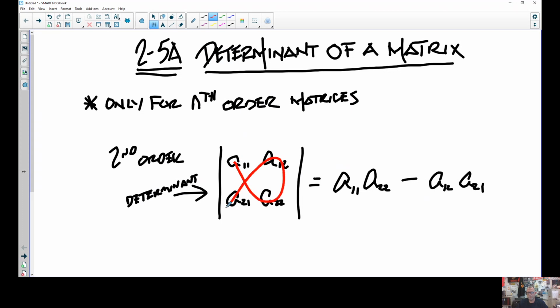We do the fish. It looks like a fish swimming to the right, not to the left. And you have A11 times A22 minus, and if you want to, you can even give the fish a little mouth for the minus. A11, A22 minus A12 times A21. So I made them kind of look like an unhappy fish, but you can use this for every 2 by 2 matrix.